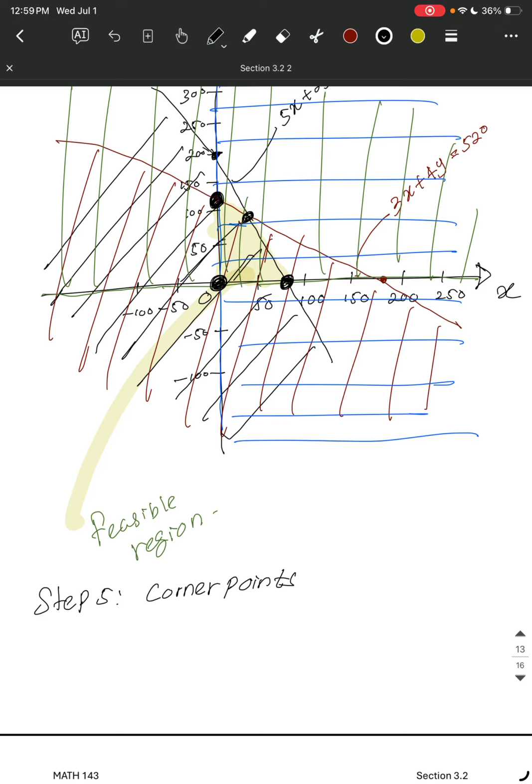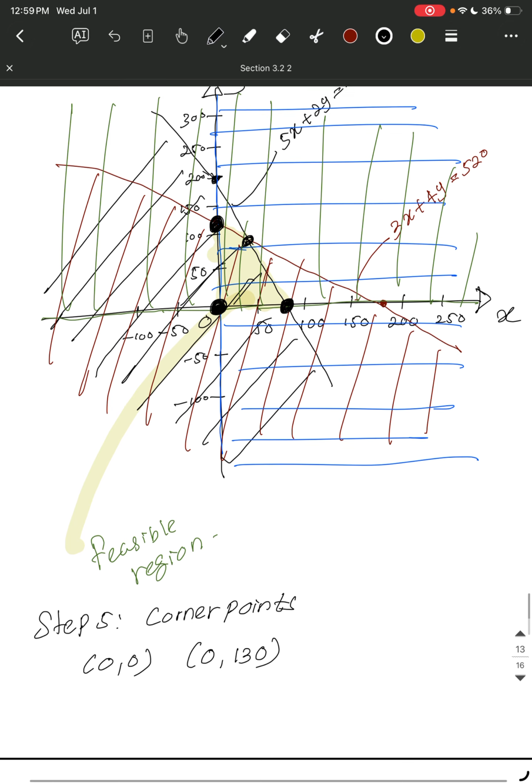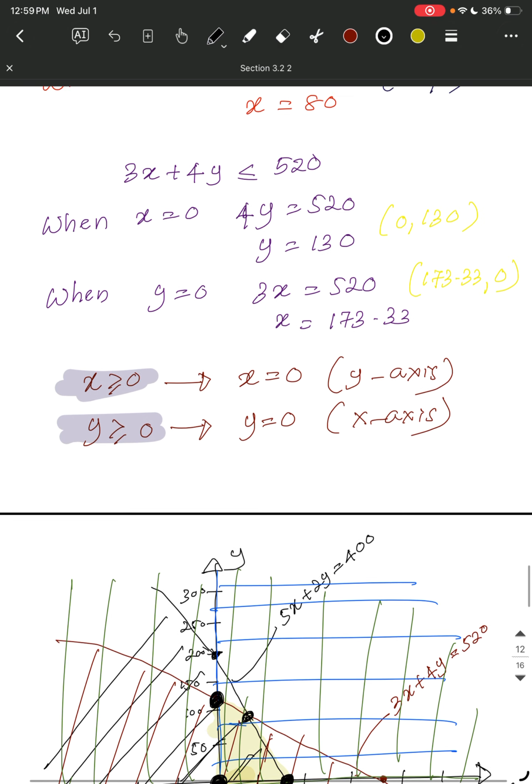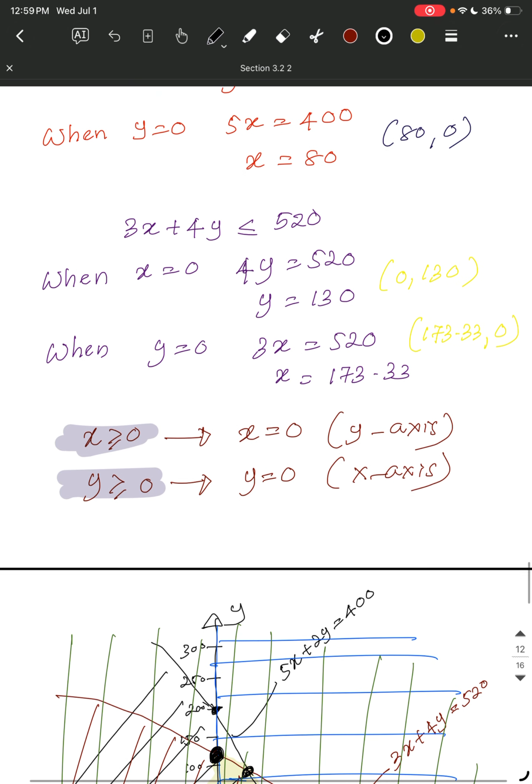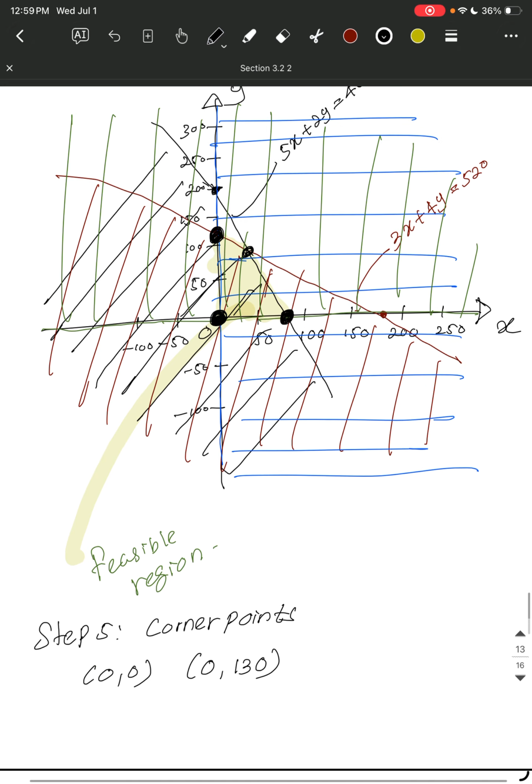So with 4 corner points, we know this one, that is 0, 0. We know this one, this is 0, 130, and we know this one, that is 80, 0.